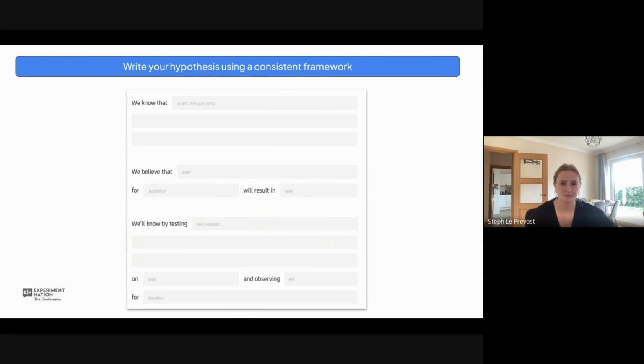So you've got a supporting statement, so we know that, and that's driven by qual and quant data. And then you have the kind of belief statement, that what we think is happening. So we believe that X for X audience will result in X. So we believe changing this for that audience will result in the goal. And we'll know by testing the test executions, the exact thing on this page and observing this KPI for this duration.